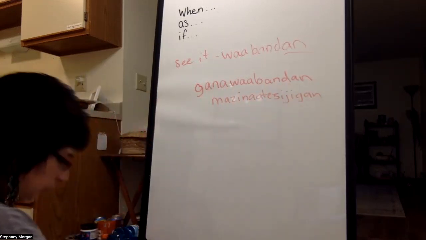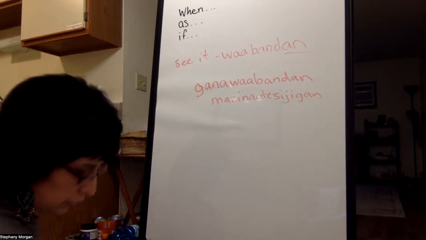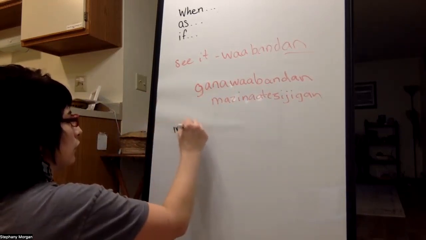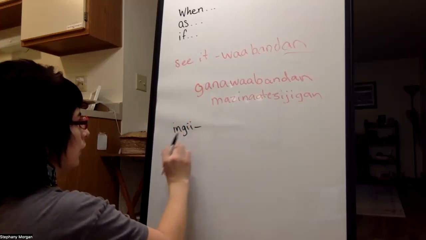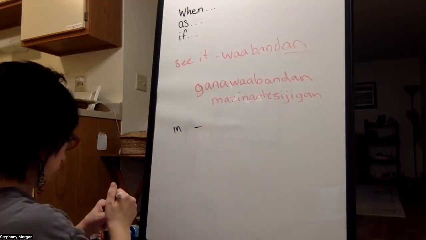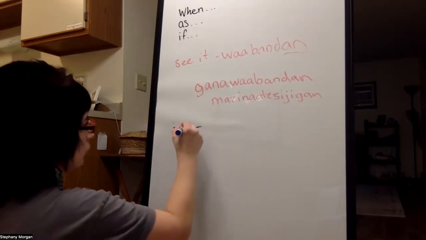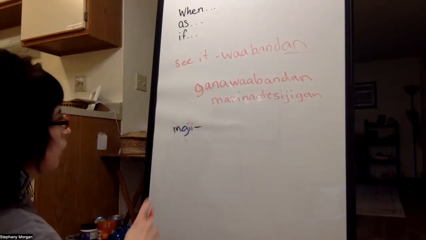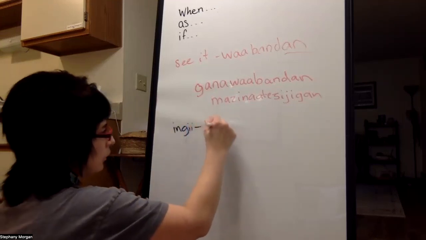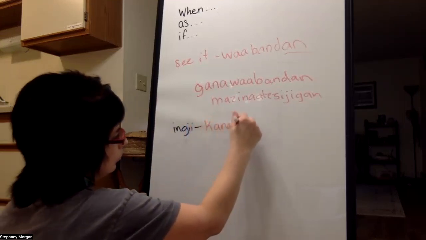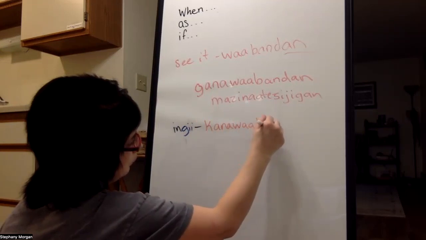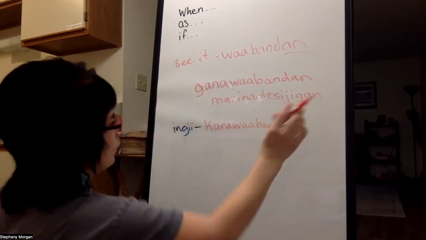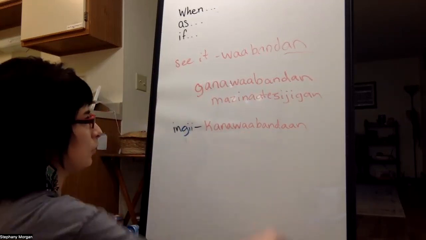So in A form it would be ingi, I did, and then we have our G, it changes to a K. Gonna waban don mazinate sijigan. So ingi kana waban don mazinate sijigan.